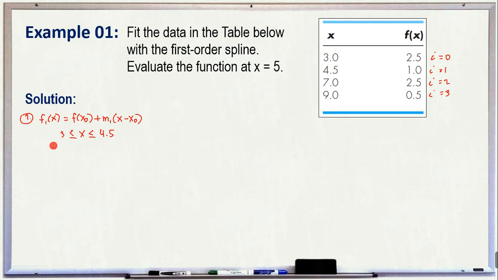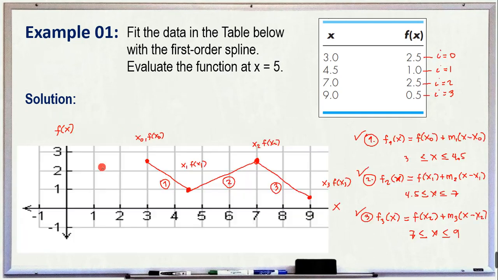So what we need to find here is m, because we don't know m. It is not obviously given. What is given is f of x naught, which is 2.5, and our x naught, which is 3. Those are given, but m is not. So therefore we will find it. For our first line, use the concept of change in y over change in x.